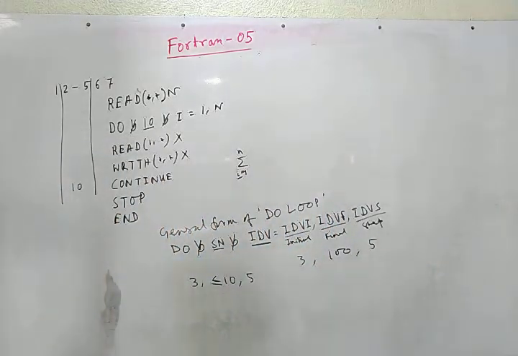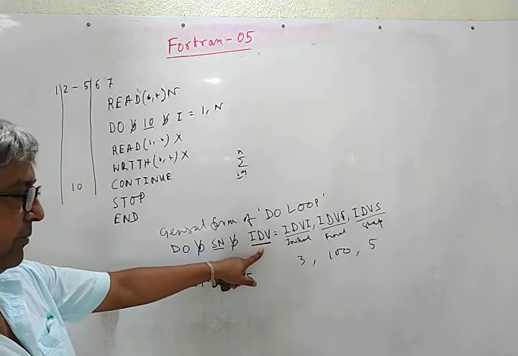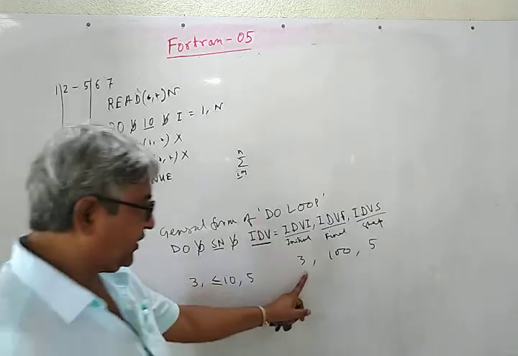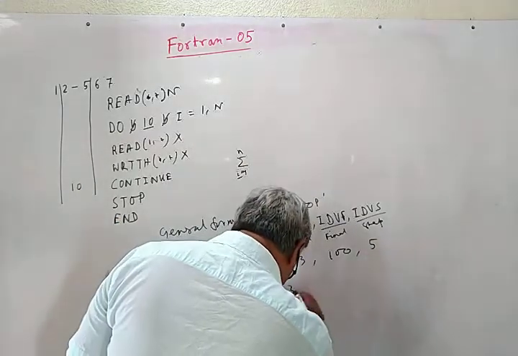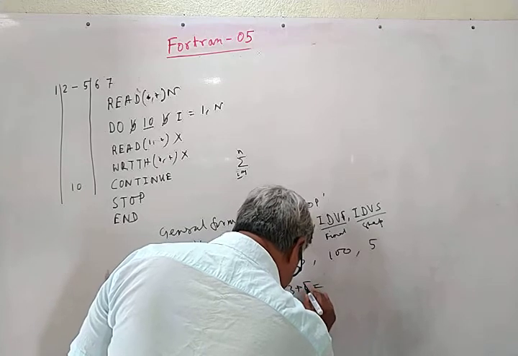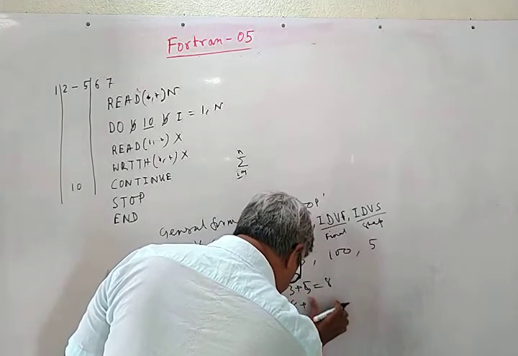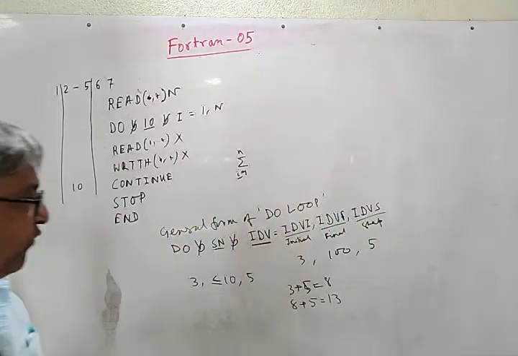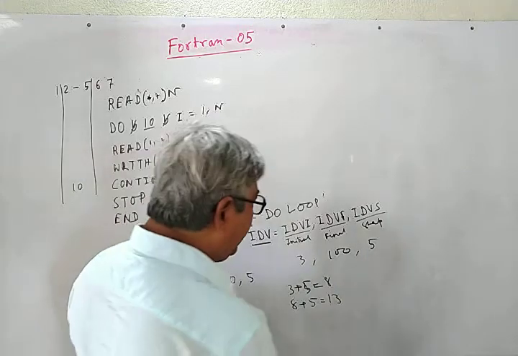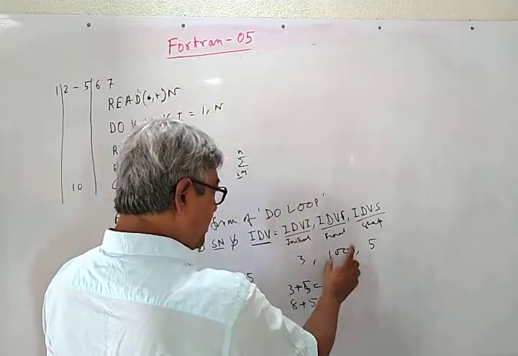So what will the integer dummy variable do? It first assumes the value 3, then 3 plus 5, because that is the step. 3 plus 5 is equal to 8, then 8 plus 5 is equal to 13, and so on and so forth, and the final value will be less than or equal to this limit.